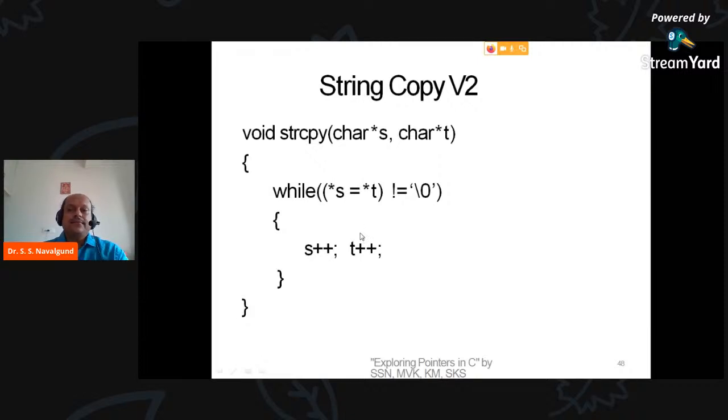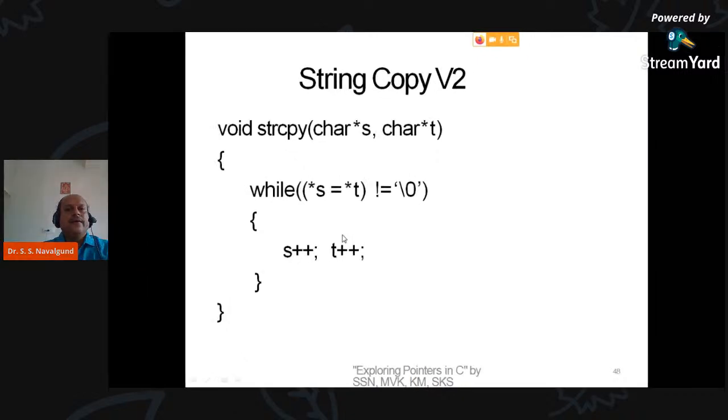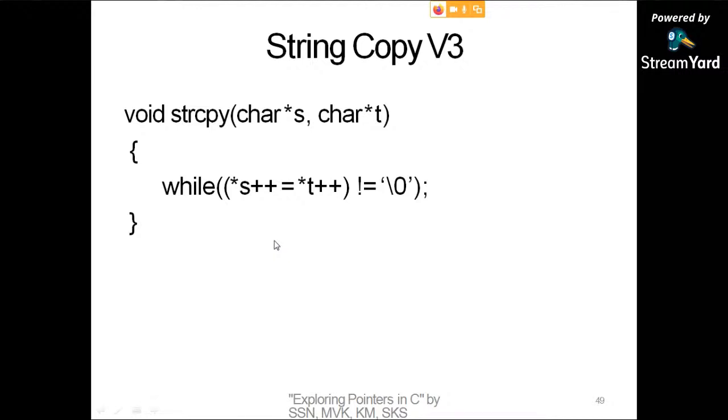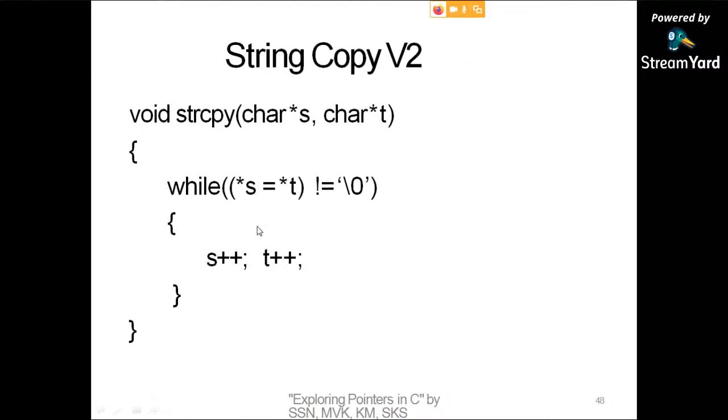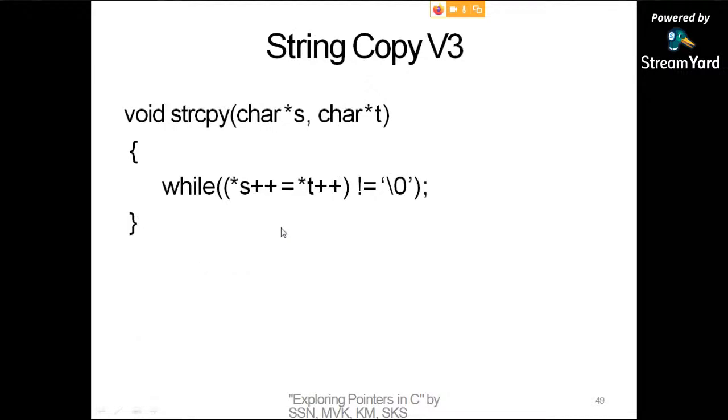Look at the next slide we have. So starting from the non-pointer version, we tried to optimize it, and further optimization is still possible. So here I'm going to say while star s plus plus is equal to star t plus plus. In the last session, you must have seen that star t plus plus is going to look at the content of t before the post increment.